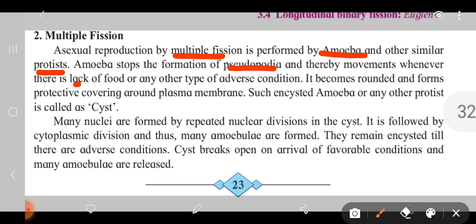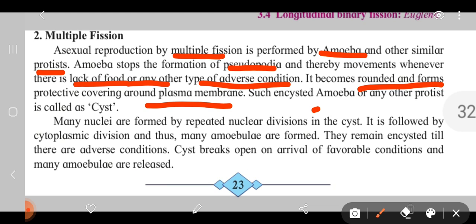Whenever there is lack of food or any other type of adverse condition, they stop the formation of pseudopodia, and thereby their movements also stop. They become round and form a protective covering around the plasma membrane. Such an encysted amoeba or any other protist is called a cyst. They form a covering around them, and this is called a cyst.